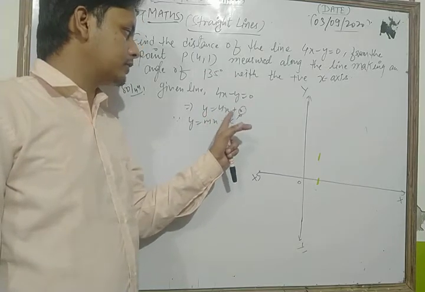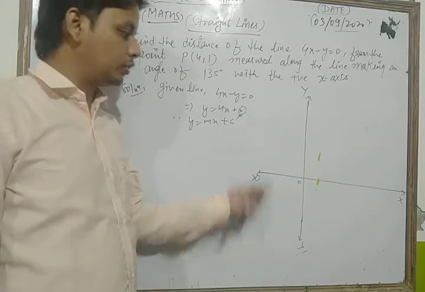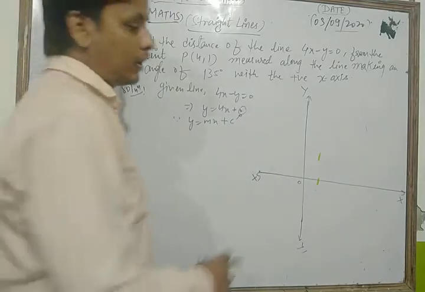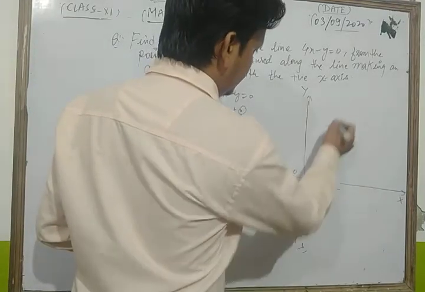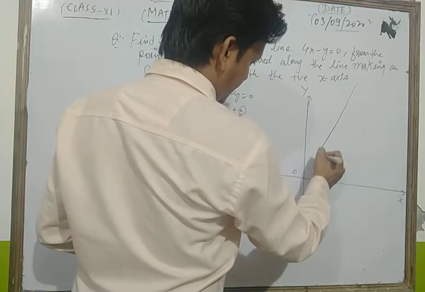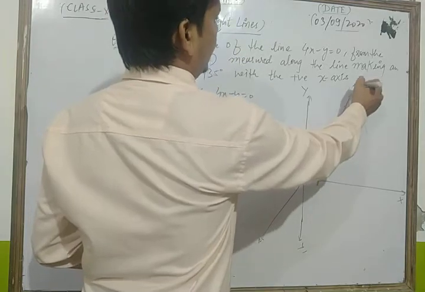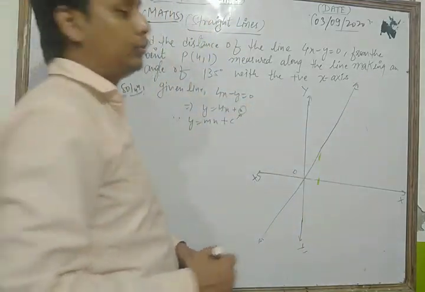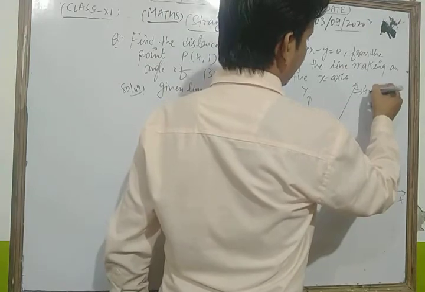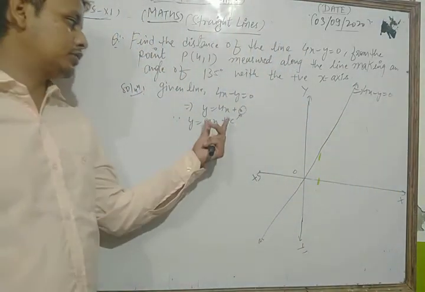Here y = 4x + 0, meaning the y intercept is 0, so the line passes through the origin. This is the line in this way. The equation of that line is 4x - y = 0, because this is the equation in slope intercept form.